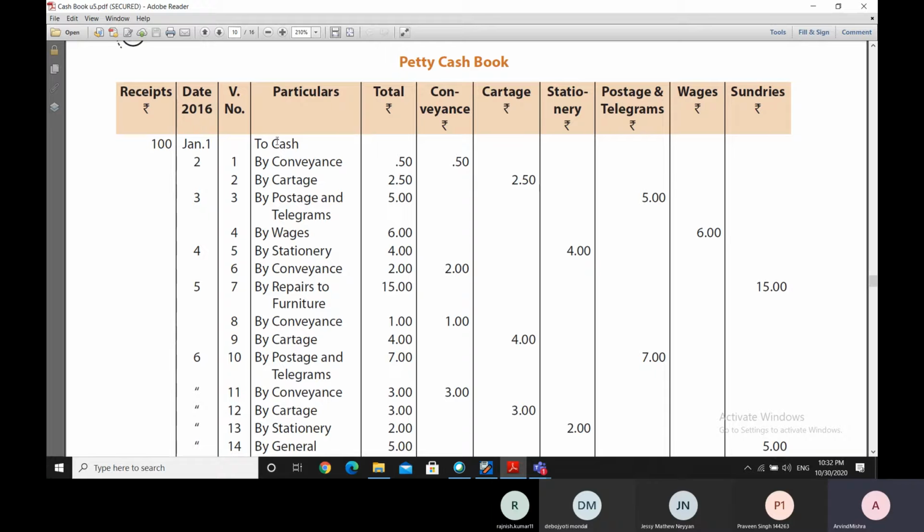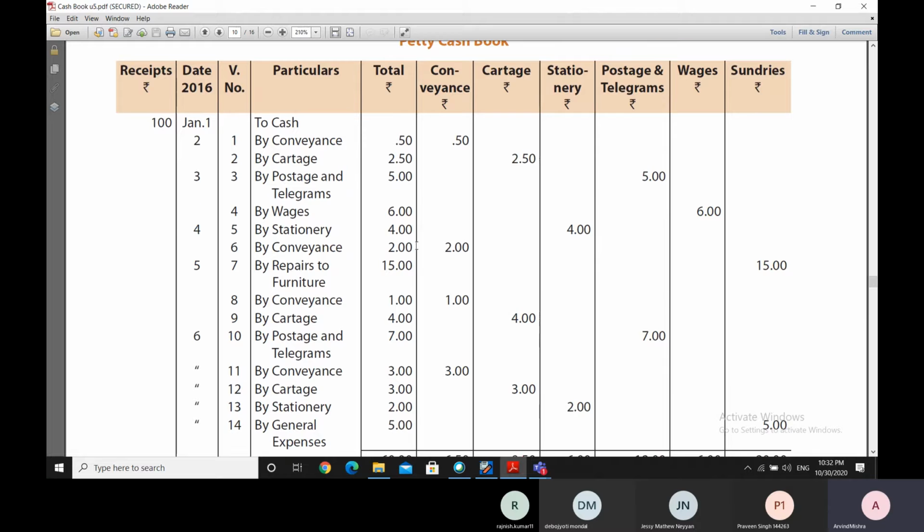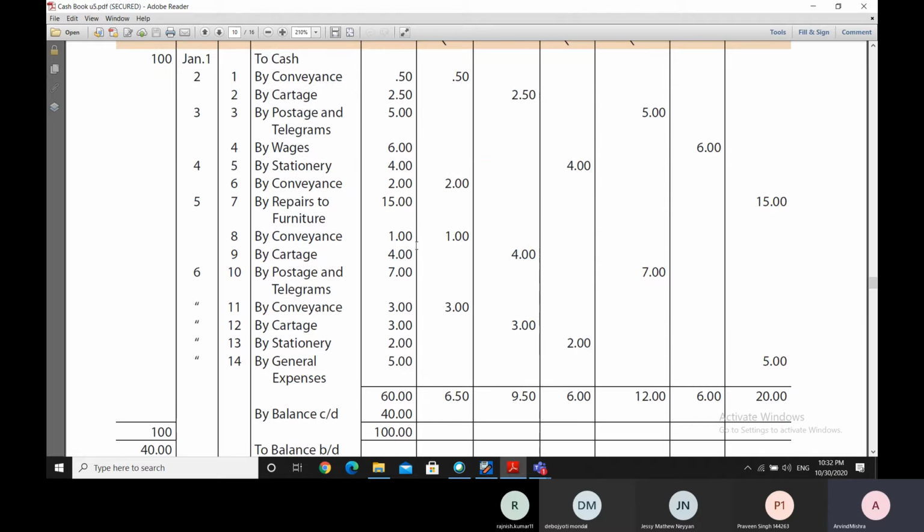And so 100 rupees in cash is received here, so we have made an entry over here. Then on January 2, a payment under voucher number 1 of 50 paisa is made for conveyance. And similarly, on January 2 itself, under voucher number 2, a cartage payment is made for 2 rupees 50 paisa. And similarly, all those payments are written here.